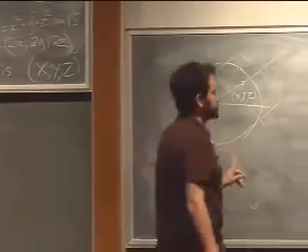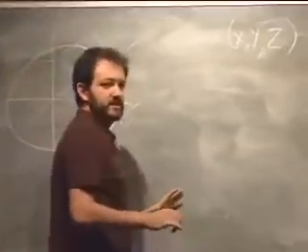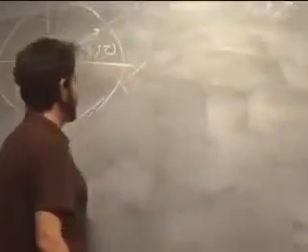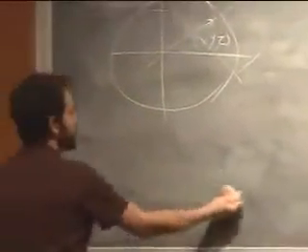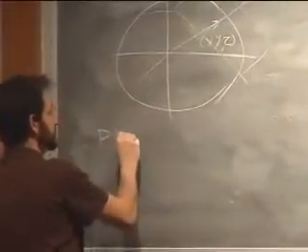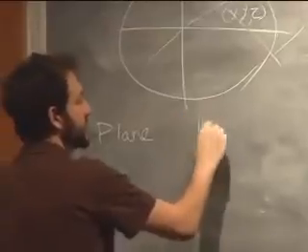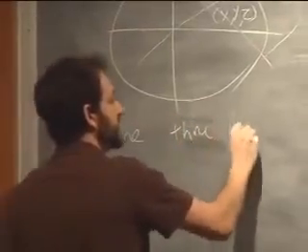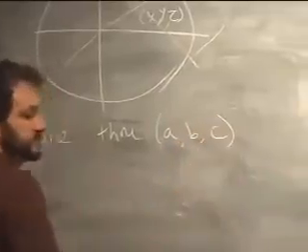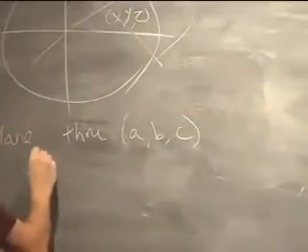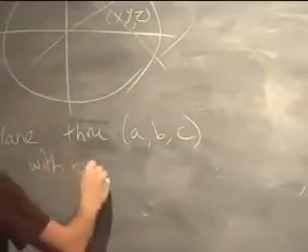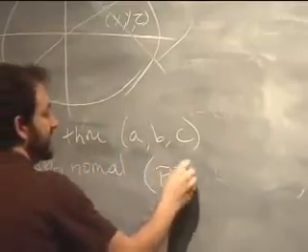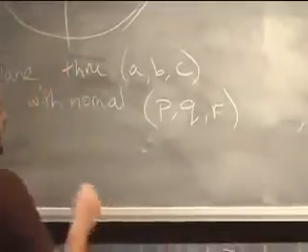Okay, so let me remind you, here is the equation, so you need to know this. In general, a plane through A, B, C with normal, say, P, Q, R, is what?